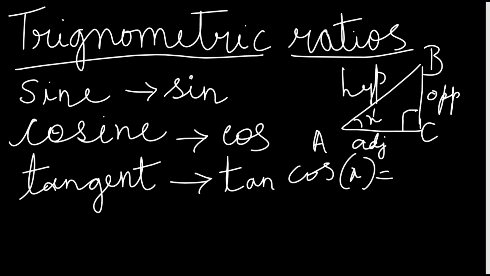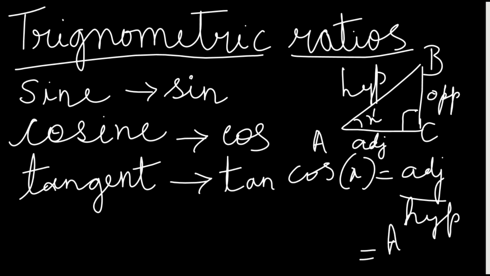Why is AC called adjacent? Because it is a non-hypotenuse side next to X. So that is the side we have to mention. So cos is adjacent by hypotenuse. This is the formula for cos. So what is the adjacent side of X? That is AC. And what is the hypotenuse? That is the same, AB. So this is how you write the cos.